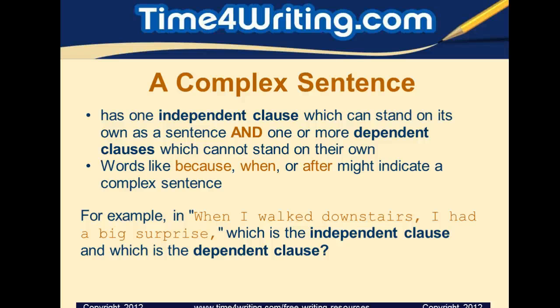Words like because, when, or after might indicate a complex sentence. So here's an example: "When I walked downstairs, I had a big surprise." So which one is the independent clause? I'm sorry, it's confusing, isn't it? The independent clause can stand by itself. It is a complete thought and a complete sentence.